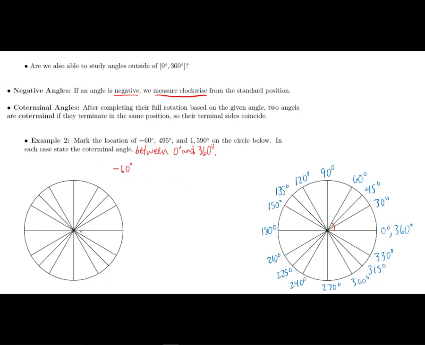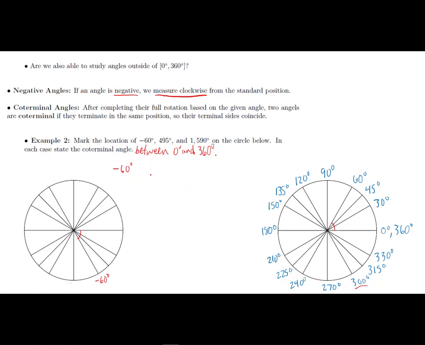So I could just mark over here that, okay, this must be the location of negative 60 degrees. Okay, so that takes care of the first part, but it did also ask me for the coterminal angle that's between 0 and 360. Now I can see over here that that would just be 300 degrees, right? But let's talk more generally about how I get that.